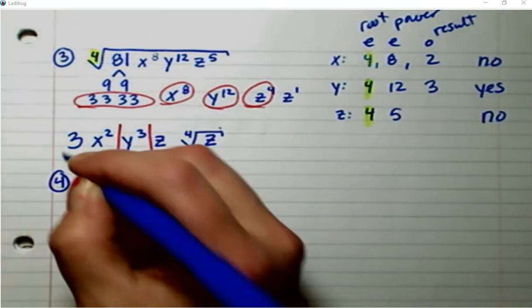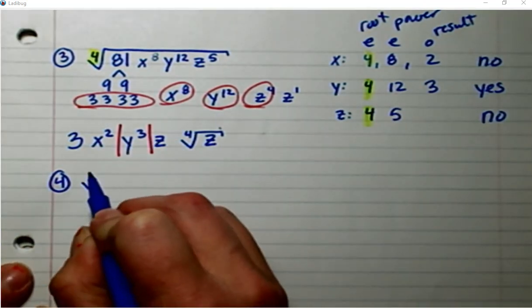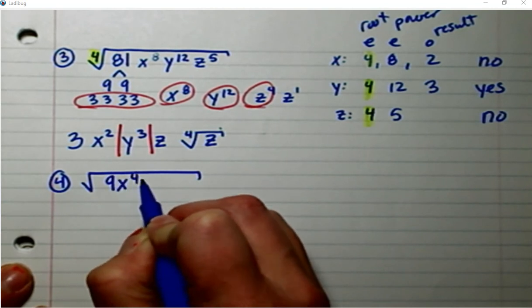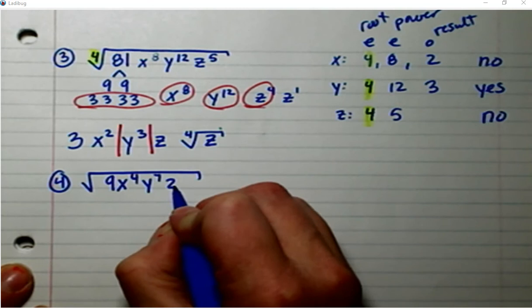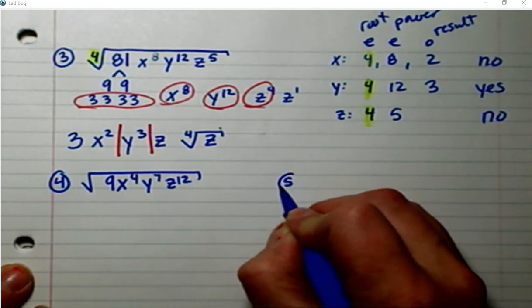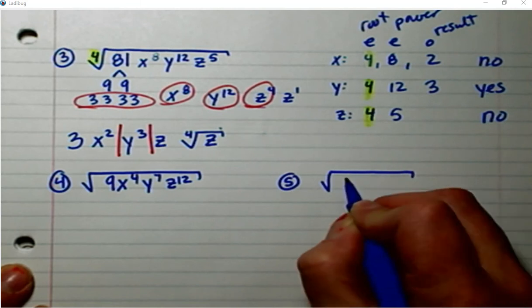Okay, guys. Try this one. That's a square root. And we'll do this one, which is the square root also.